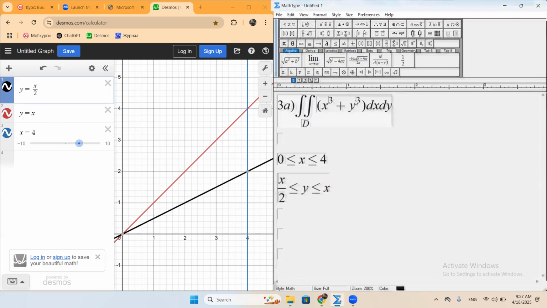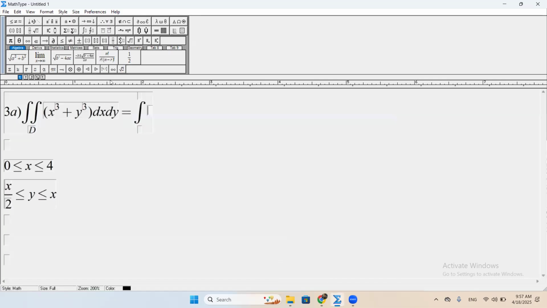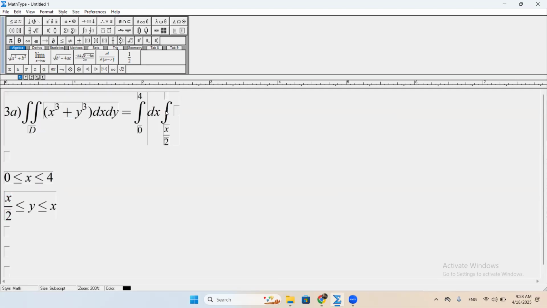So now we can start integrating, writing limits of integration for x and writing down this integrand. So now integrating by y.